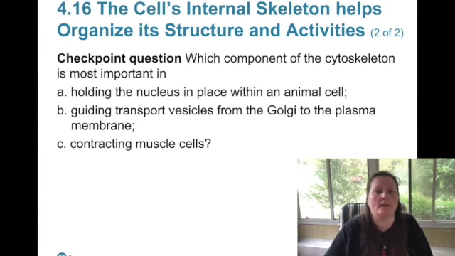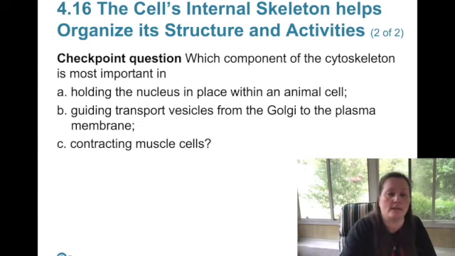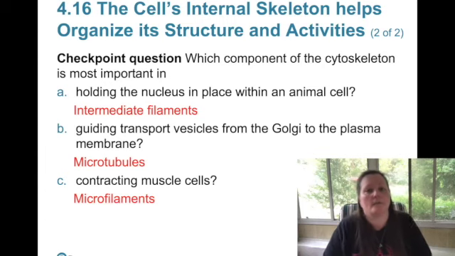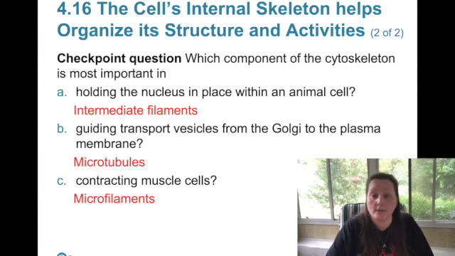Which component of the cytoskeleton is most important in holding the nucleus in place within an animal cell, guiding transport vesicles from the Golgi to the plasma membrane, and contracting muscle cells? Well, here you go. Intermediate filaments for holding the nucleus in place. Guiding the transport vesicles would be the microtubules, and contracting muscle cells will be the microfilaments.